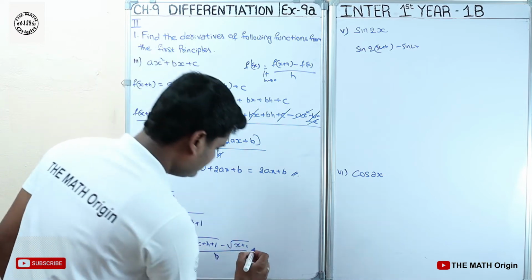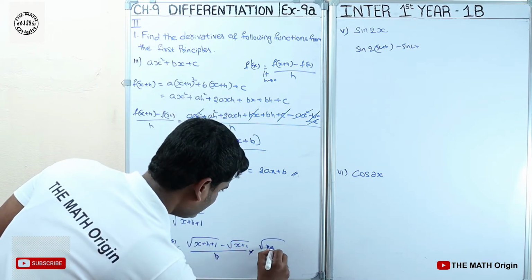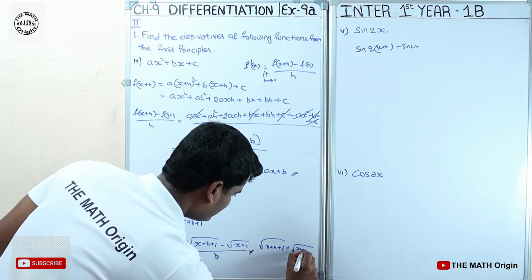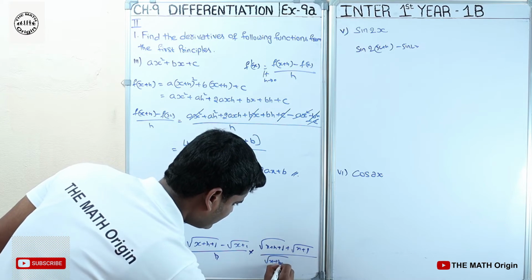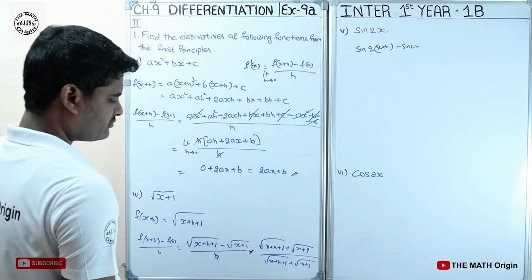Let's do rationalizing, means a plus b by a minus b. So the numerator is root of (x plus h plus 1) minus root of (x plus 1), over root of (x plus h plus 1) plus root of (x plus 1).